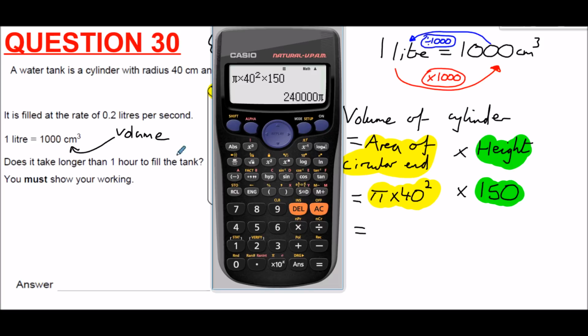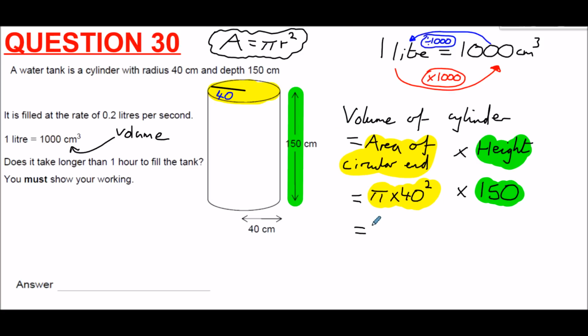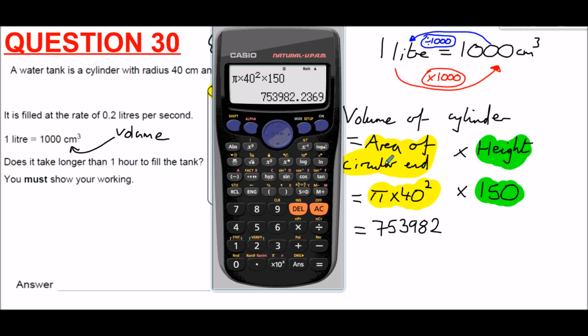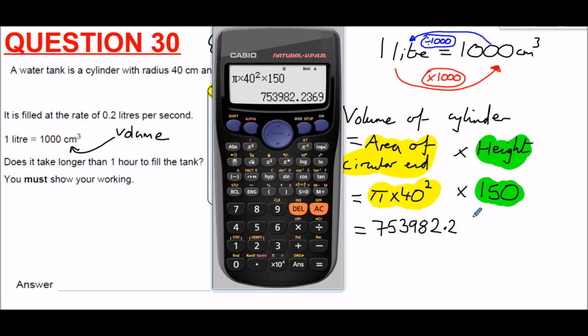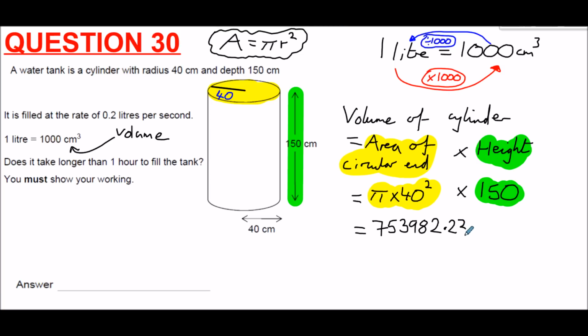We don't want the answer in terms of pi, so we can convert to an actual real number here. So that's 753,982. Only round at the end of calculations, I'd suggest, because if you round too soon, some rounding error can creep in. So that was 2369.